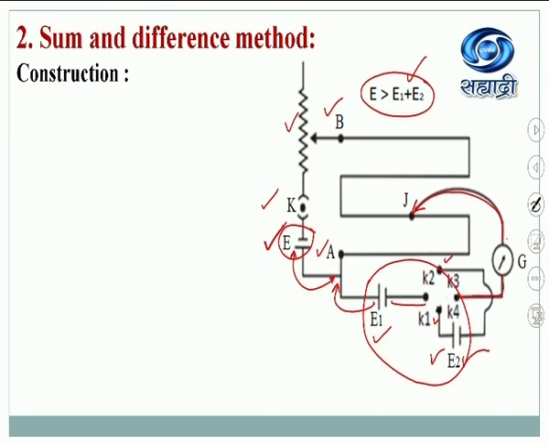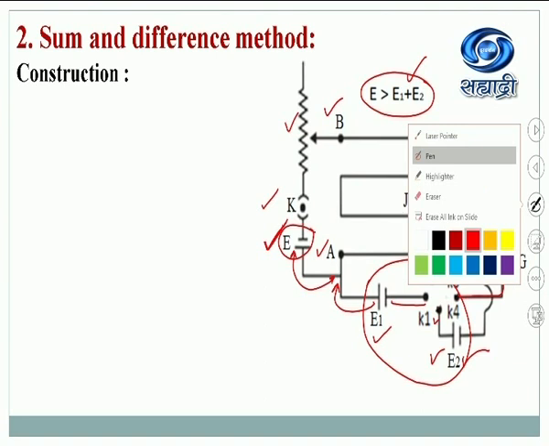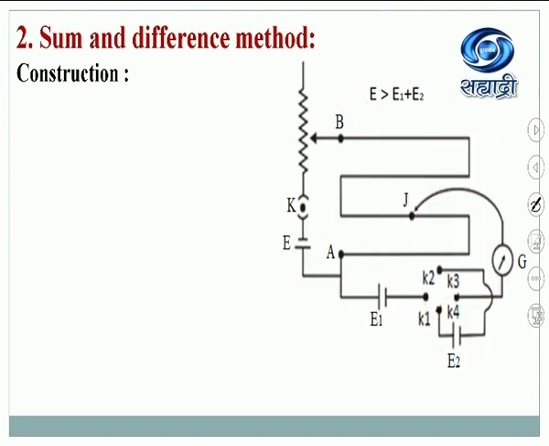So if we are using only E1, E must be greater than E1. If we are connecting only E2, E must be greater than E2. If we are connecting E1 plus E2, E must be greater than E1 plus E2. This is called the driving cell, so its EMF must be greater than whatever EMF is in the circuit. So always remember this thing.